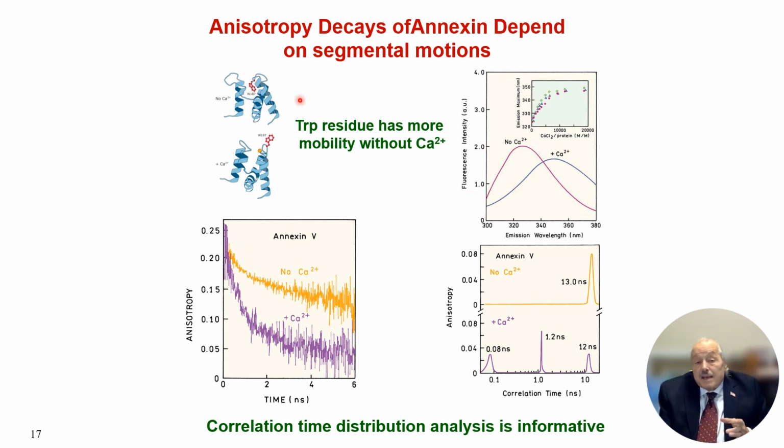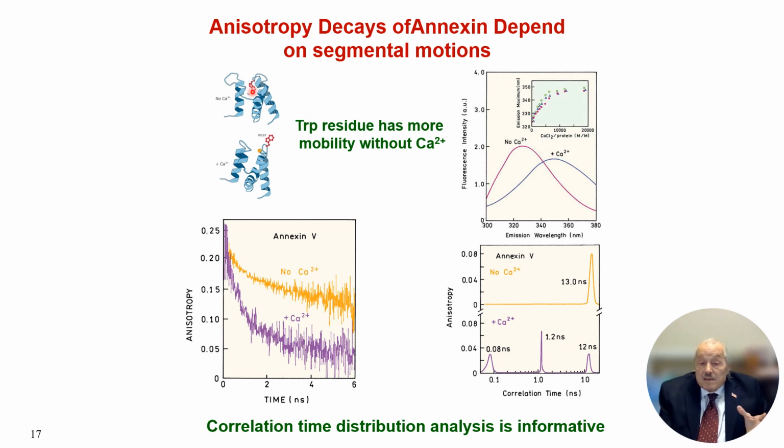If in one form without calcium the tryptophan is buried, and in the other case the tryptophan is out in the solvent, we expect different anisotropy decays, and that's exactly what we see. First, we'll take the no calcium case.